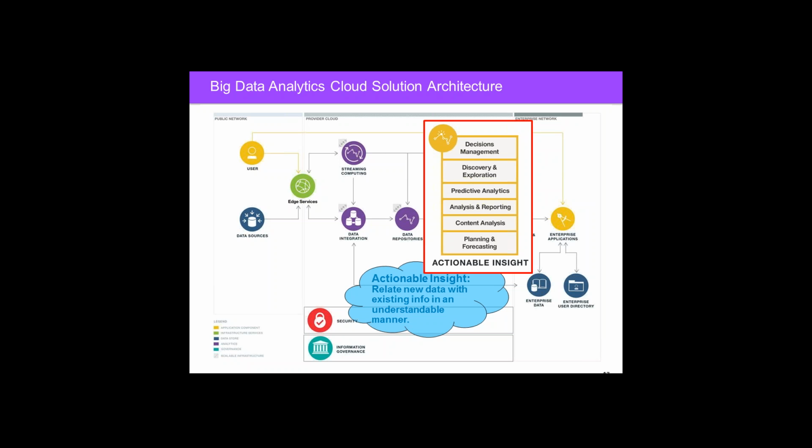The discovery and the exploration capabilities here speak to applications that will typically allow the data scientists to find hitherto unknown patterns and explore data as the data is being landed. Again, when I previously talked about the catalog in the data repositories, the discovery and the exploration applications will talk to the catalog and then provide a window into the incoming data to the data scientists.